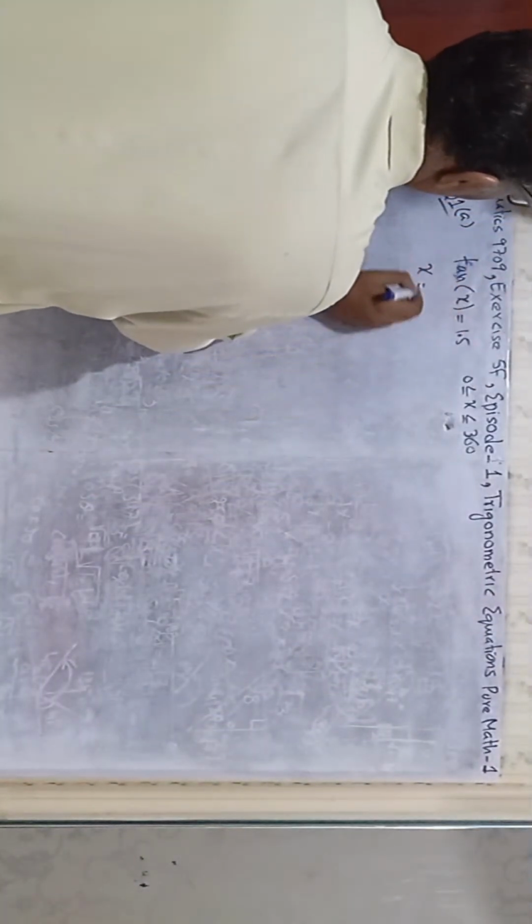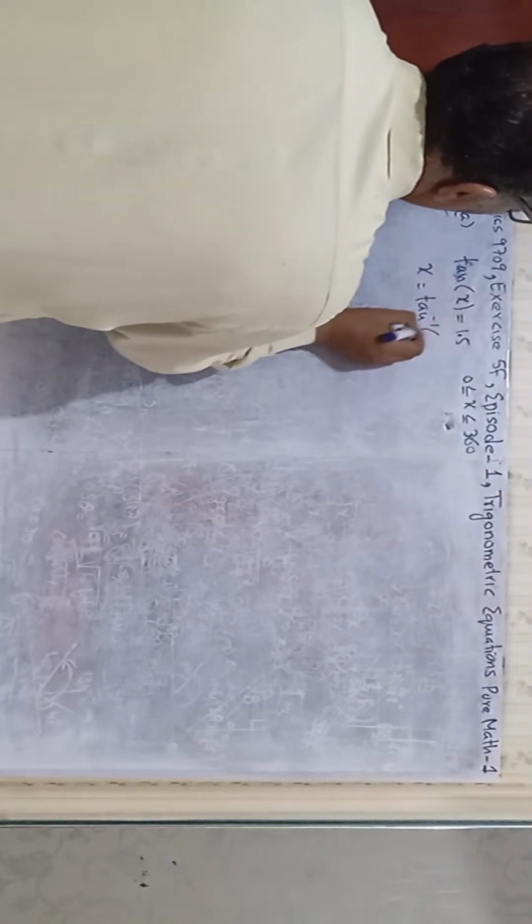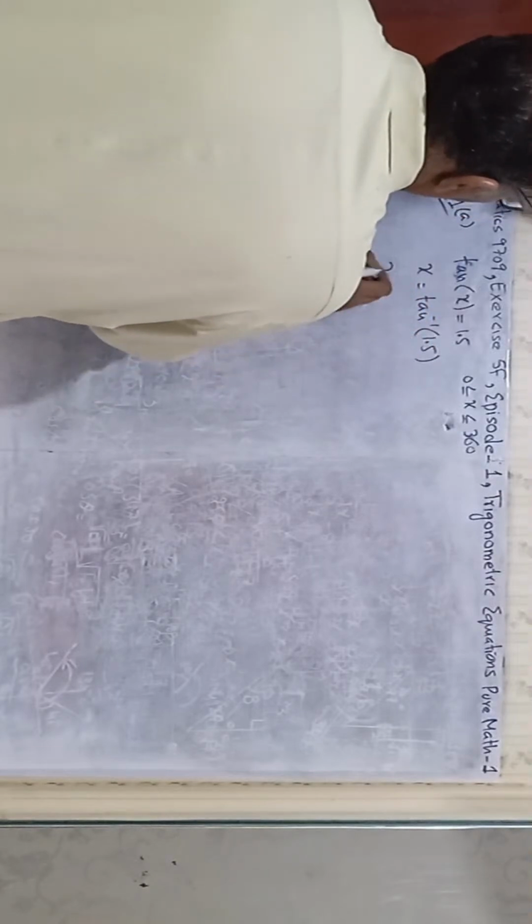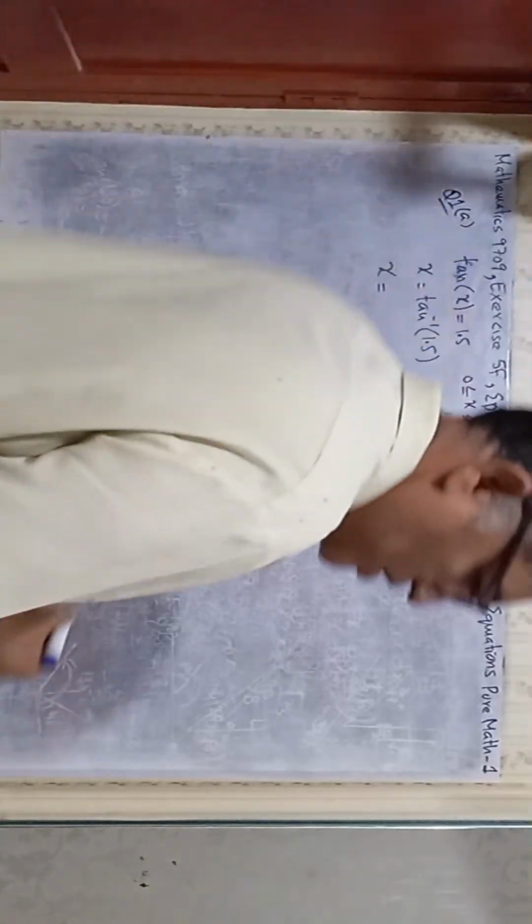We are working on Exercise 5F. Okay, so very simple. x will be equal to the tan inverse of 1.5. So what will be x? I'm going to use my calculator.